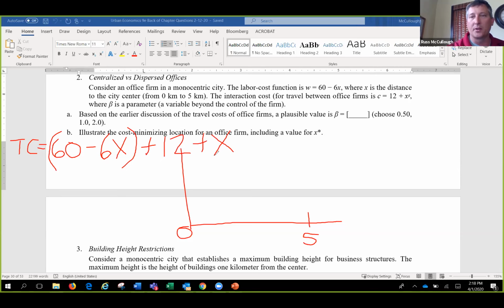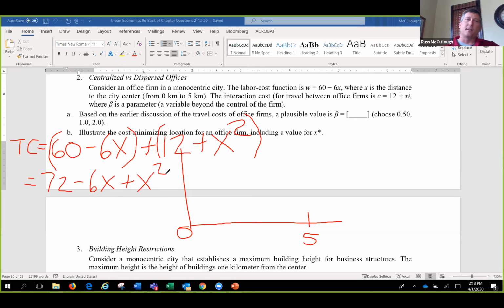And then since we learned that the squared is the most appropriate, we're going to do x squared for beta. So then we can simplify this expression. So we're adding the two types of cost together, which then gives us 72, right? 60 plus 12 is 72 minus 6x plus x squared.